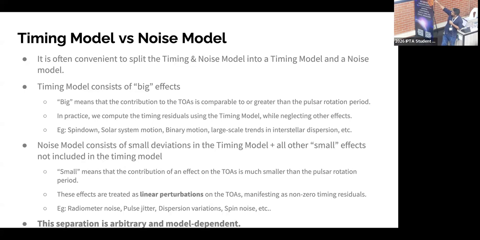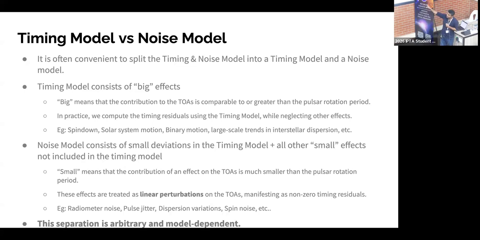The examples for this would be spin down, solar system motion, binary motion, large scale trends in interstellar dispersion, things of that nature. Then our noise model is whatever is left after we take care of the big effects. This includes small deviations in the big effects, which is the timing model, plus everything else.